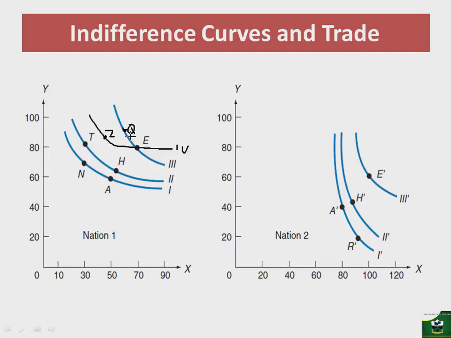Because from this side, Z appears to be on a lower indifference curve and this appears to be up. On the other side, indifference curve 4 appears to be on top, and 3 appears to be at the bottom. So to keep the analysis simple, we assume that indifference curves must not cross.